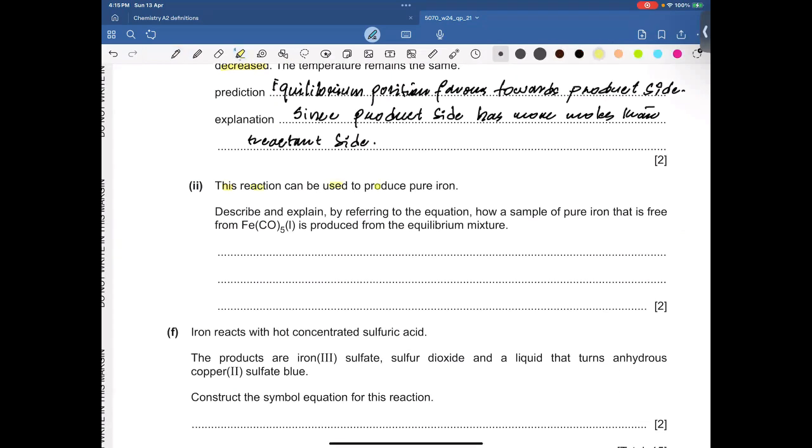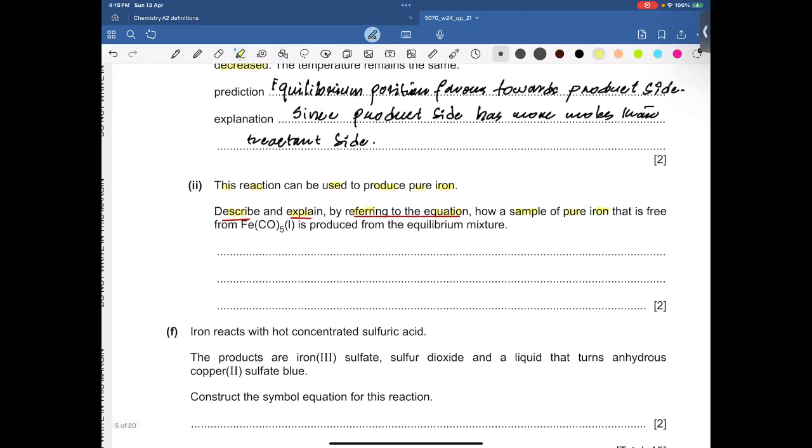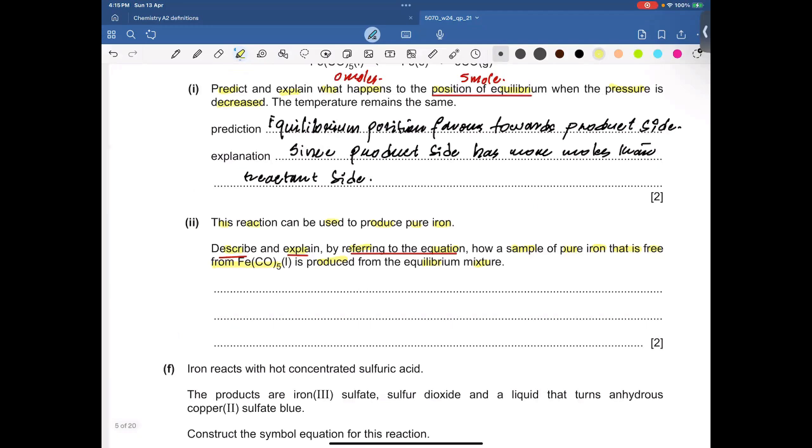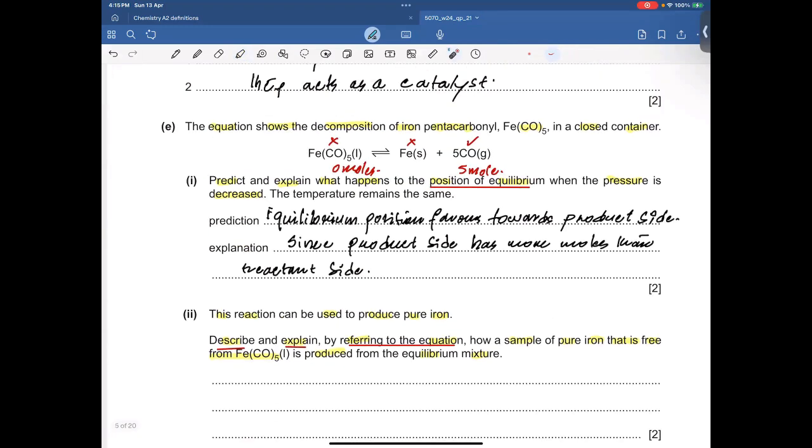this reaction can be used to produce pure iron. Describe and explain, by referring to the equation, how a sample of pure iron that is free from this substance is produced from the equilibrium mixture. Since the reaction is taking place in a closed container, right?